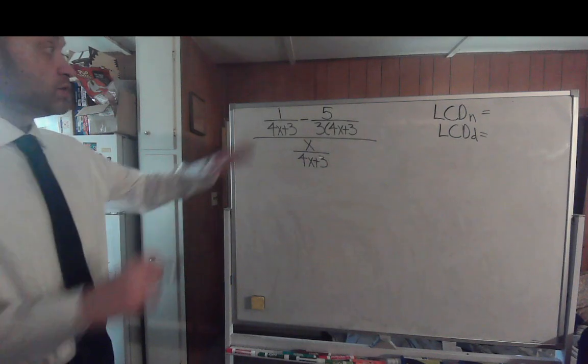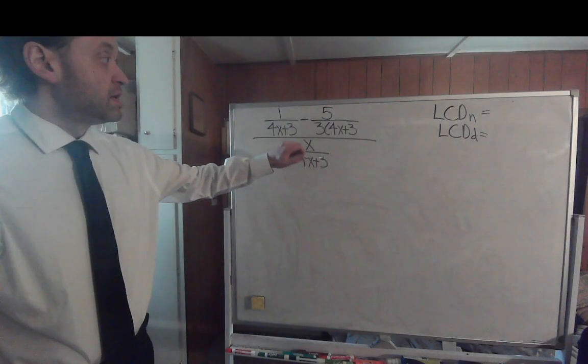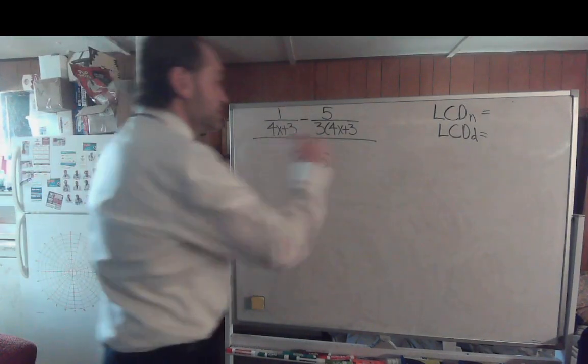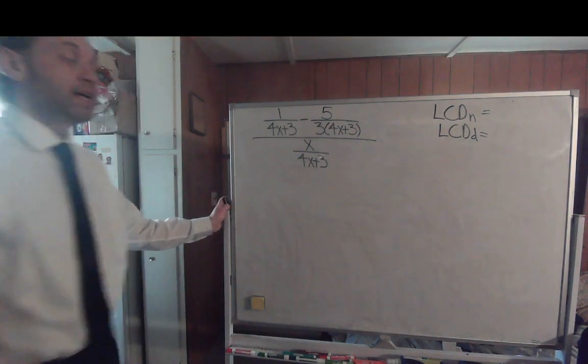So 1 all over 4x plus 3 minus 5 over 3 times 4x plus 3. That whole numerator over x over 4x plus 3.